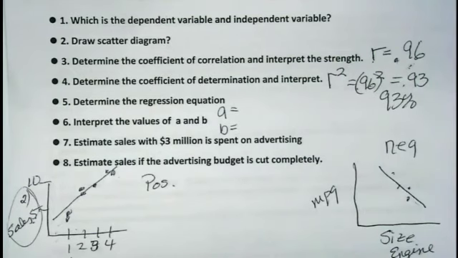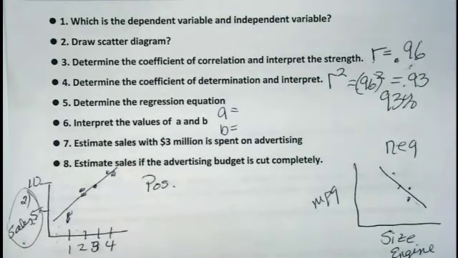So if I had a couple of extra dollars in my company, I would put it in advertising. I wouldn't put it into training employees. I wouldn't put it into maybe hiring new employees, believe it or not, because so much of my sales is attributed to advertising. Very typical of car sales, by the way.